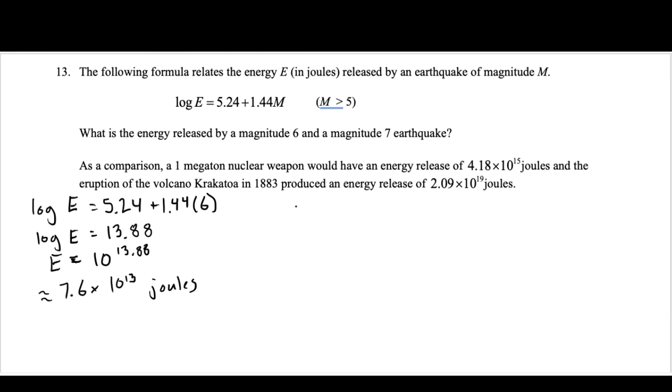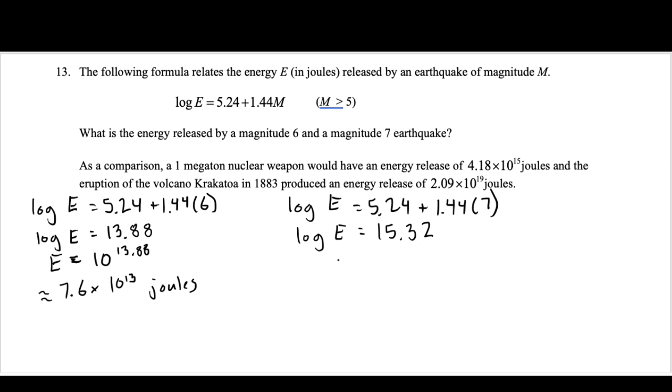Then let's do something similar, but for a magnitude 7 earthquake. So I would get log E equals 5.24 plus 1.44 times 7. This simplifies into log E equals about 15.32.